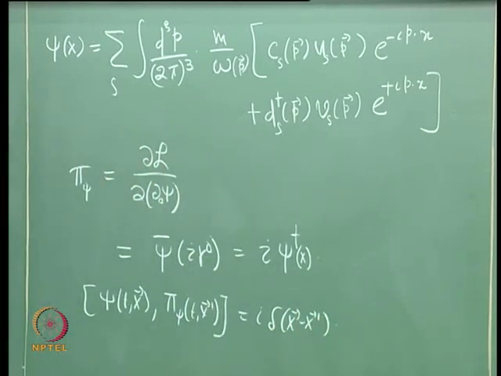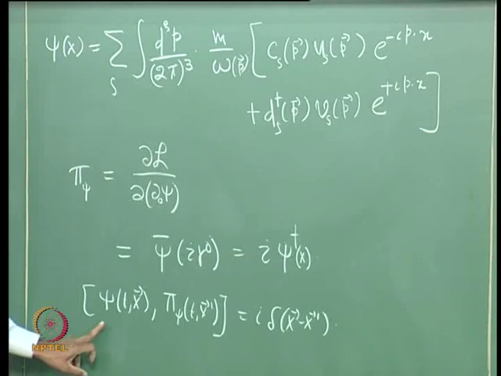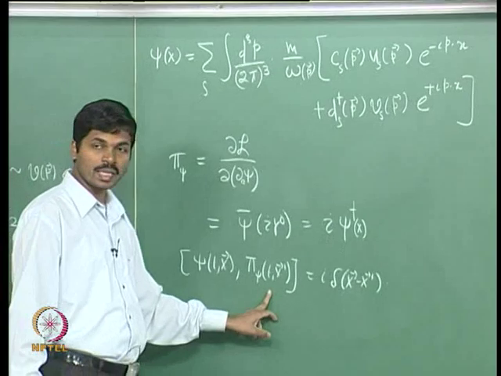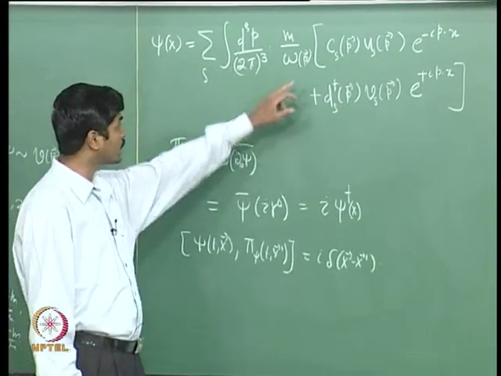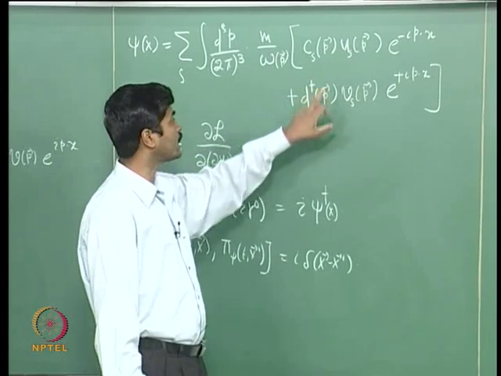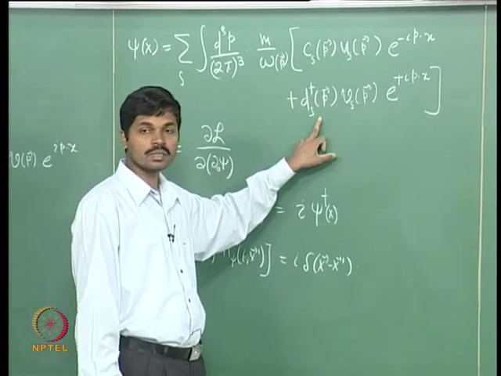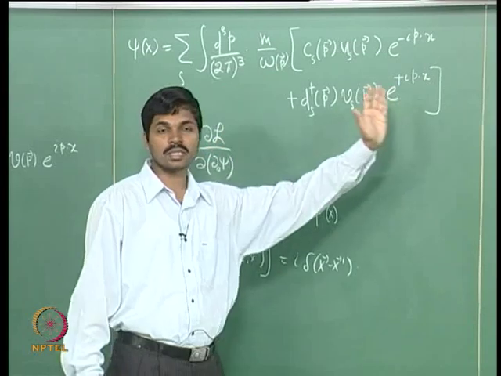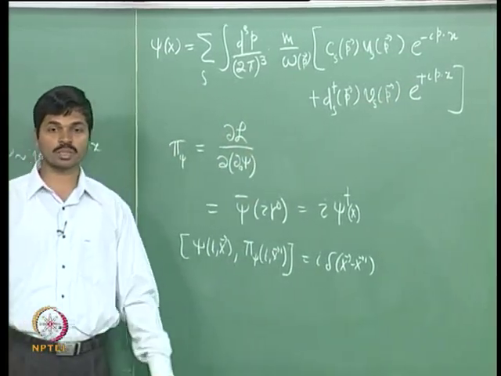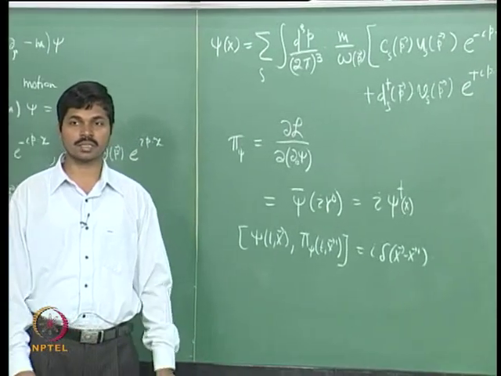However, we have already seen that if we have commutation relations of these kinds, then we get some commutation relations for these operators c_s and d_s†, and this gives us a spectrum for particles which obey Bose-Einstein statistics.